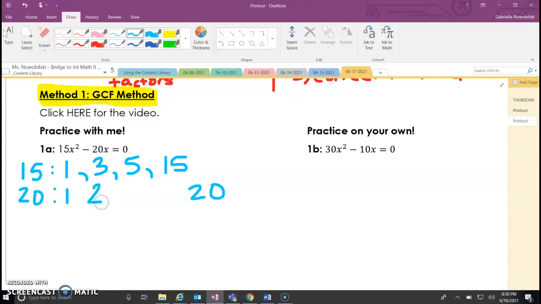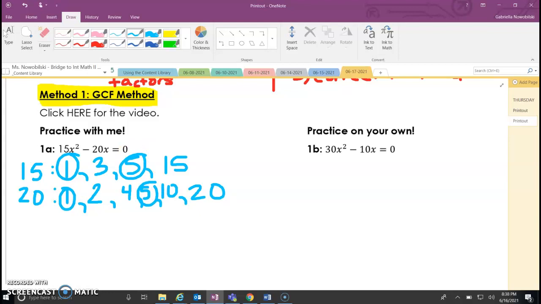I'm just going to keep going, so 2 times 10 gets me to 20, and 4 times 5 gets me to 20. My job is to find their greatest common factor. I see they have a 1 in common, they have a 5 in common. The one that is the greatest is a 5.